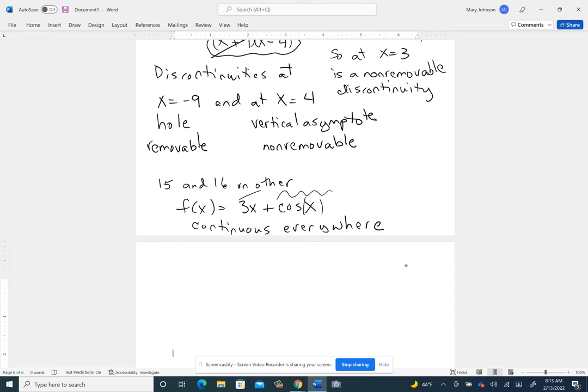So number 17 and 18, they looked like this. This was on one version. One of the problems on one version looked like this. And let me take the problem off the other version. It looks like this.